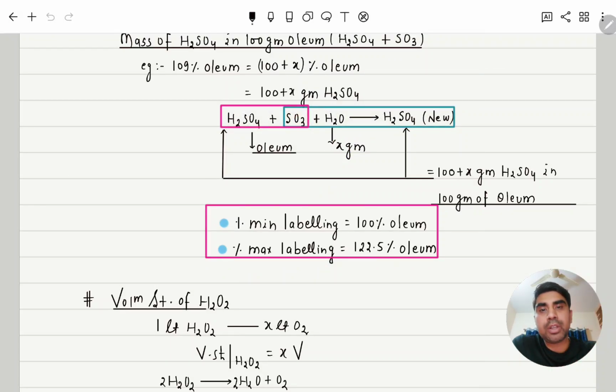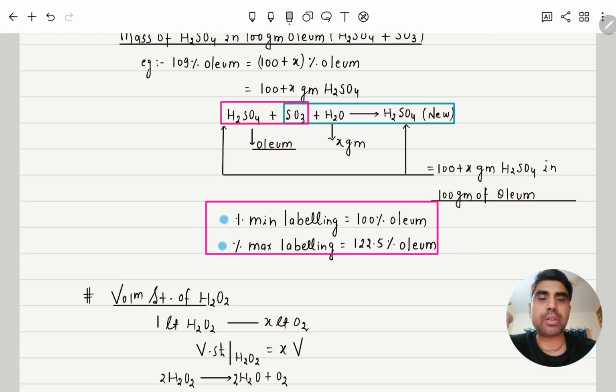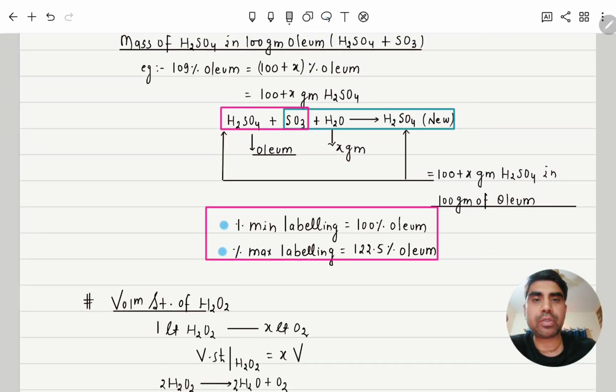So if you divide 100 by 80, clear? Once again I am telling, here you can see the percentage maximum labelling.